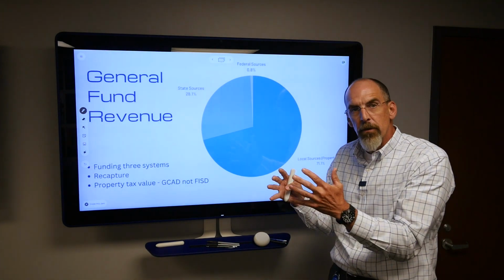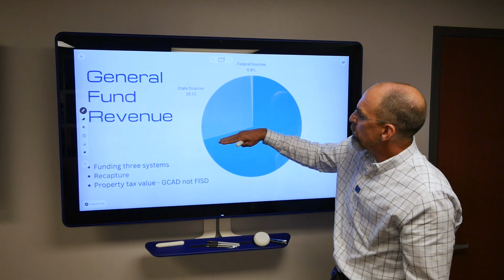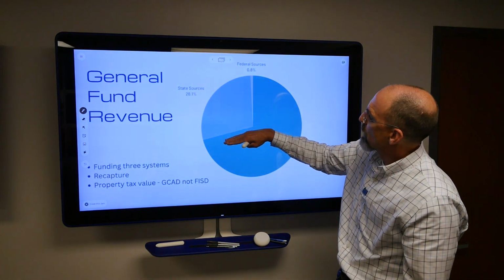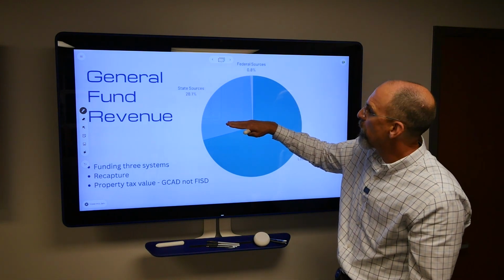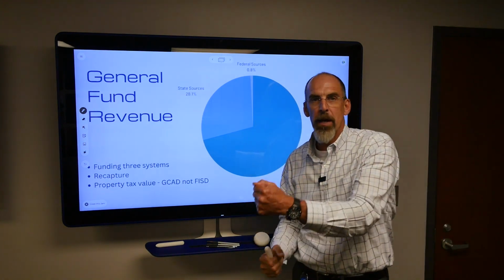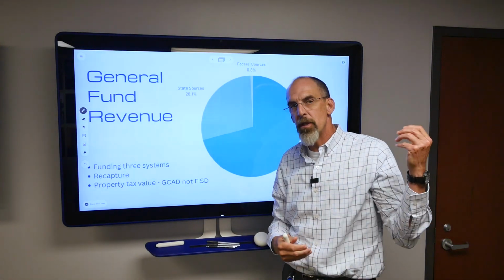But the way the pie is divided up right now, the local property values or taxes stop right here. The state sources begin. And if this number goes over the amount of the pie in general, that money goes back to the state. So Robin Hood is a term that's been used in the past.